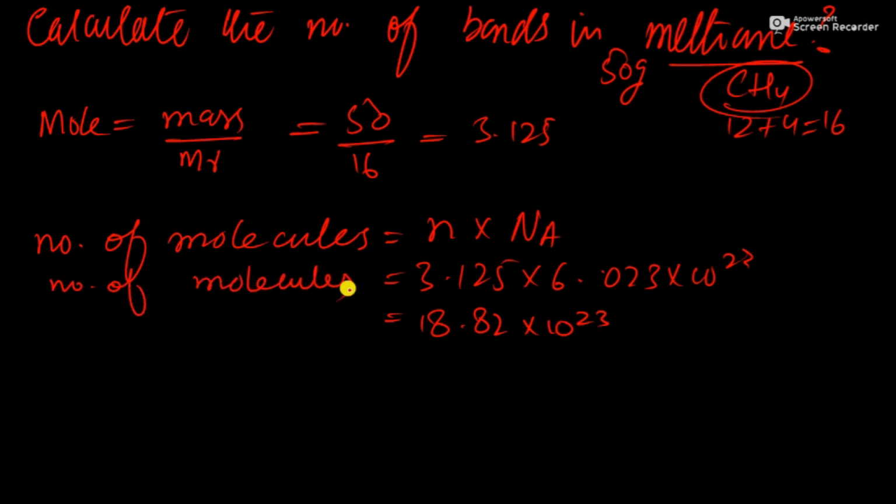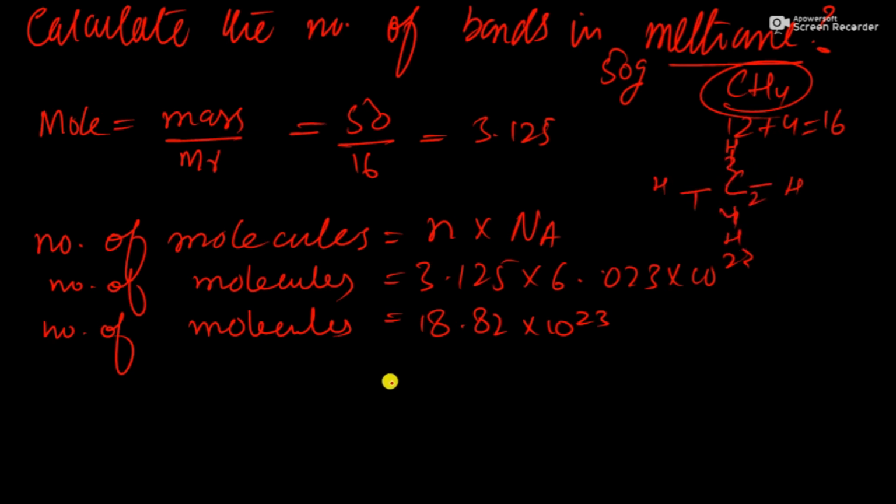It is not the number of bonds. We have to find out the number of bonds as well. So let's have a diagram for methane, CH4. How many bonds do we have in a single molecule of methane? 1, 2, 3, 4. So to find the number of bonds, we just have to multiply the answer with 4.